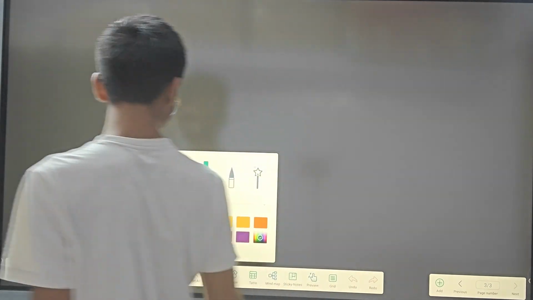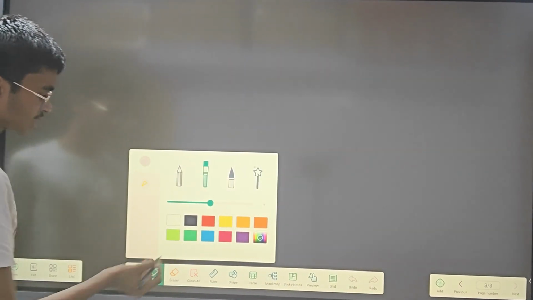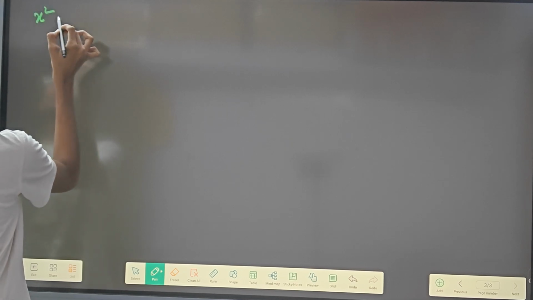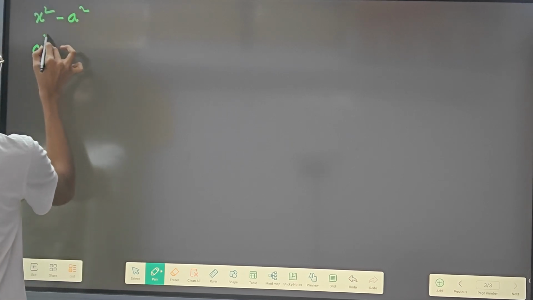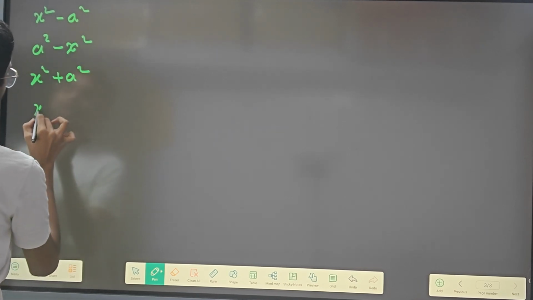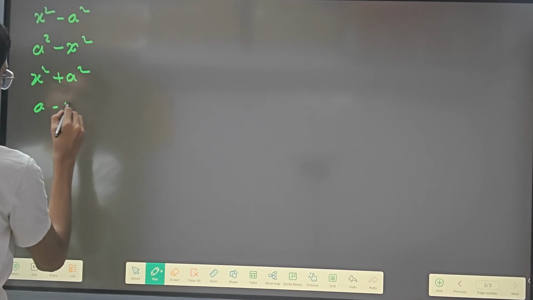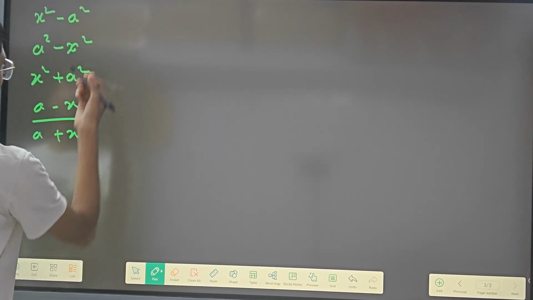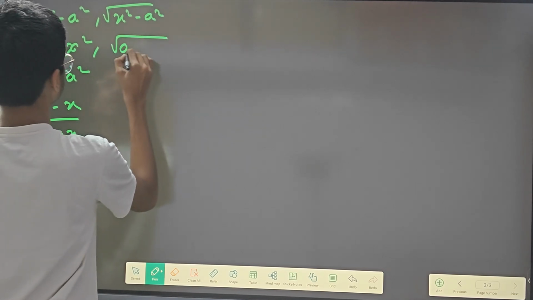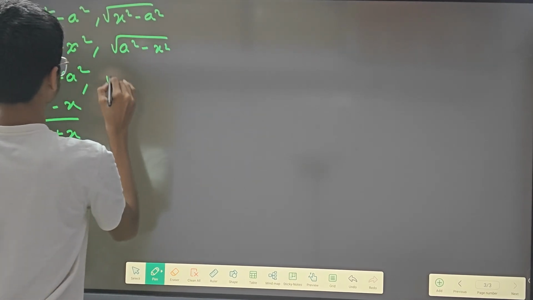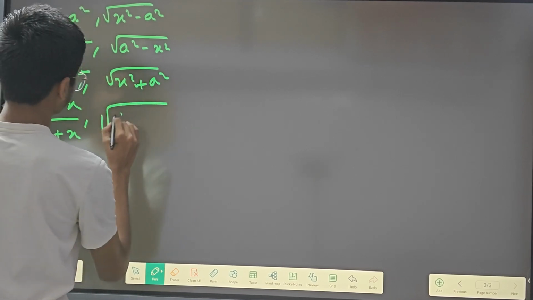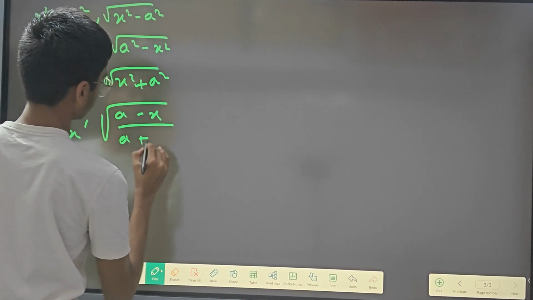See, if you are getting a question like x square minus a square, then a square minus x square, then x square plus a square, then a minus x divided by a plus x, or even root over x square minus a square, then root over a square minus x square, then root over x square plus a square, then root over a minus x whole divided by a plus x.